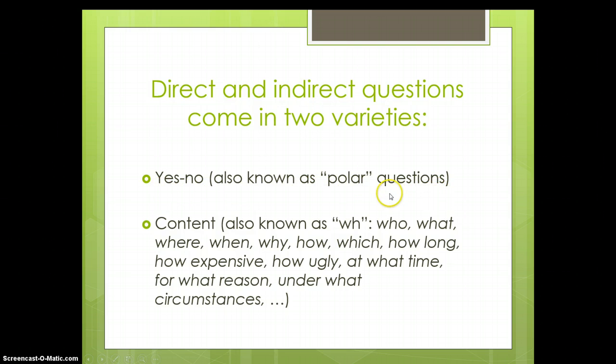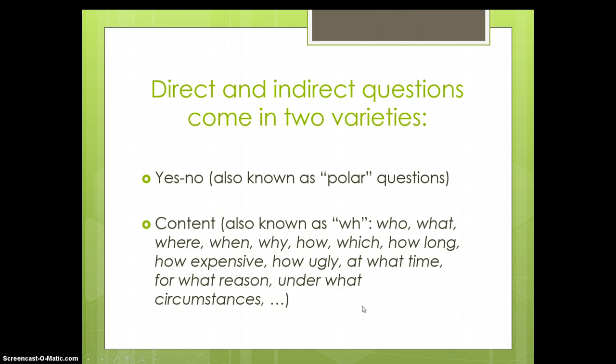They're the ones that can be answered with a yes or no. And there are content questions, also known as WH questions, because the words or phrases that begin them typically begin with WH, such as who, what, where, when, why, how, although that doesn't start with WH, it still has a W and an H in there, or even longer phrases such as, for example, how long, or how expensive, or how ugly, or prepositional phrases such as at what time, or for what reason, or under what circumstances.